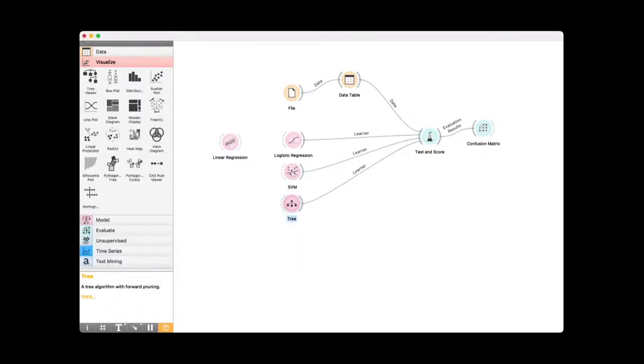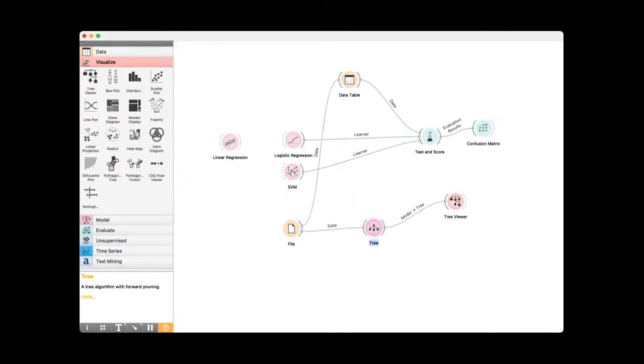This one, visualize. Here's the visualize, and here's the tree viewer. So you drag it right here. If you would like to view this tree, you have to do one more thing like this. Remove this.